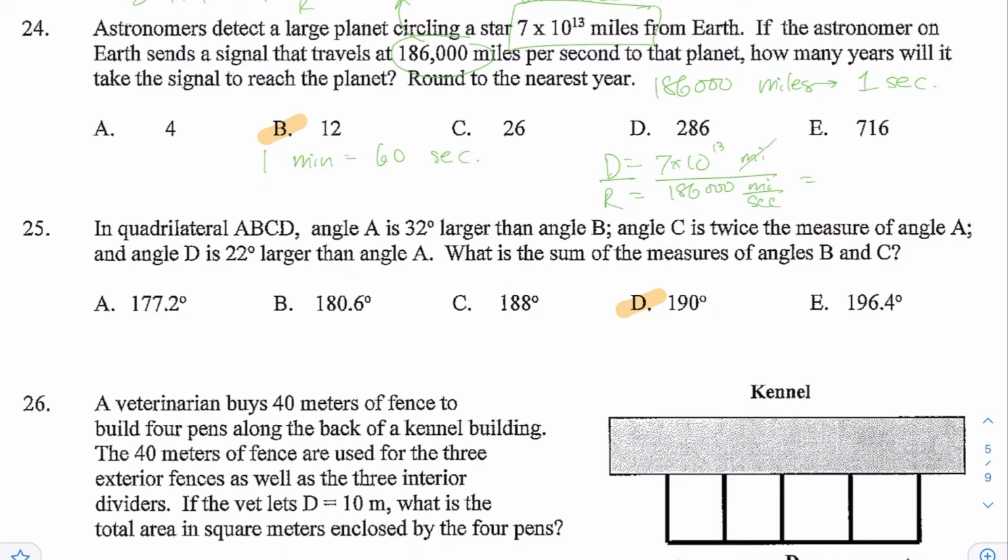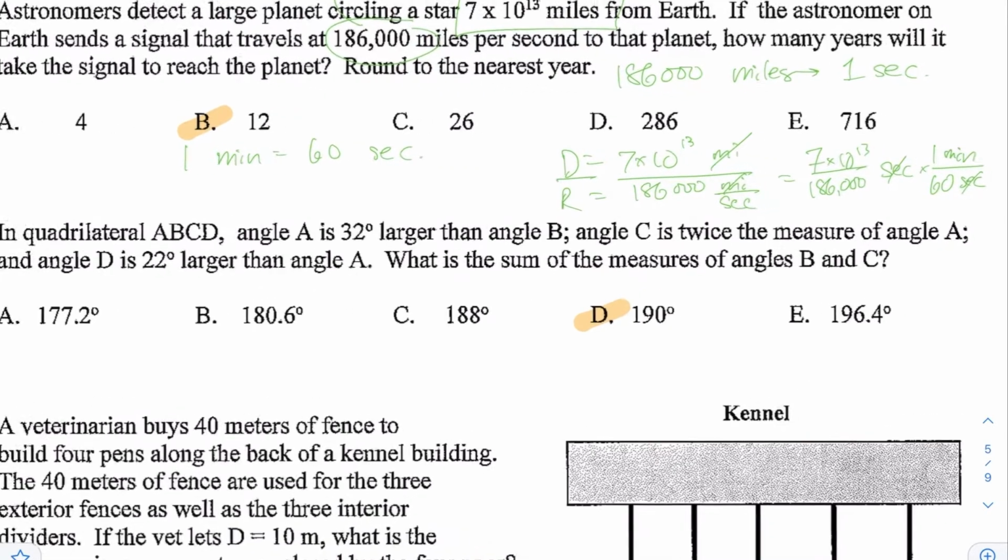So when you divide this, the miles will cancel out, and the denominator of the denominator will turn into the numerator. So here, this would be 7 times 10 to the 13th divided by 186,000 seconds. Now, to go from seconds to minutes, you'll have to divide by 60, because 1 minute is equal to 60 seconds, to cross out the seconds.